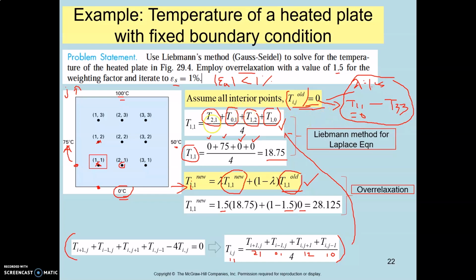Then after you do the calculation, you obtain the new temperature here, 18.75. After you substitute and compute, you get the answer, and this answer is for the first iteration solution.